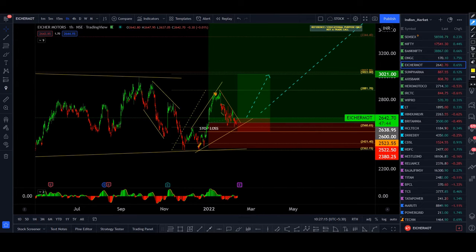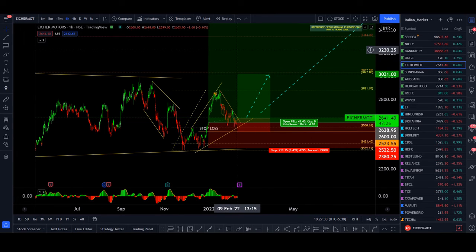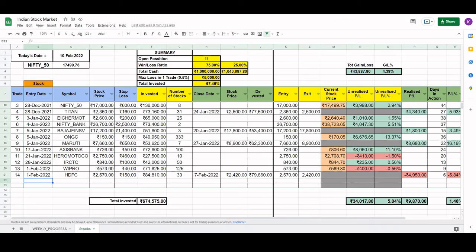After impulse and correction, we are expecting another B wave breaking this, and then maybe a correction to complete this sideways move for a further up move. So this is our expectation, but let's see how it goes, and we will track this in our weekly trade report. So let's go populate the sheet.